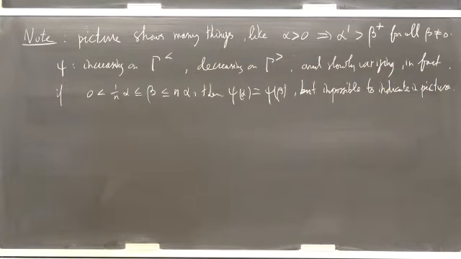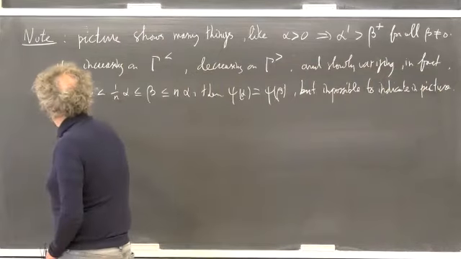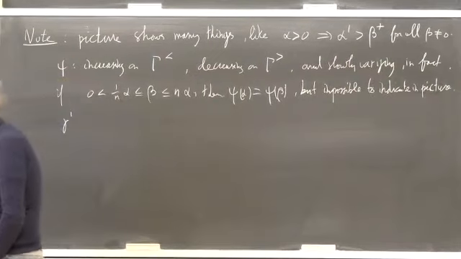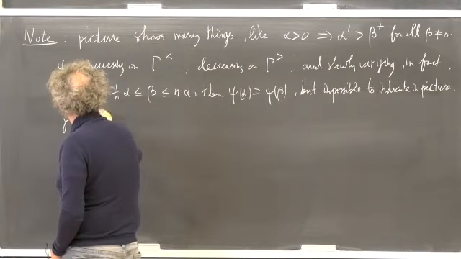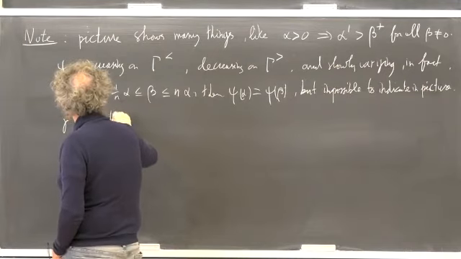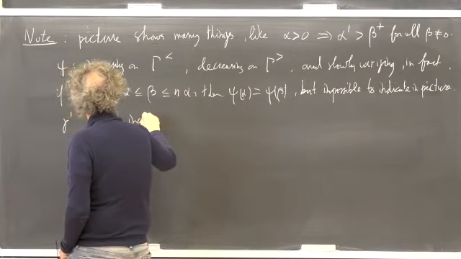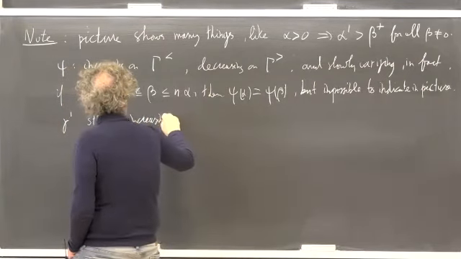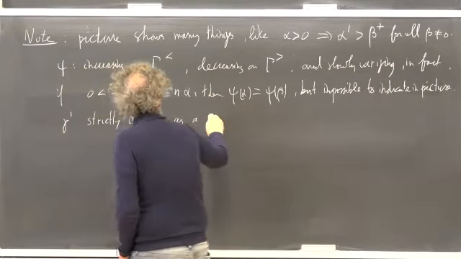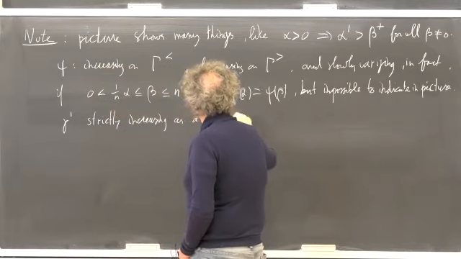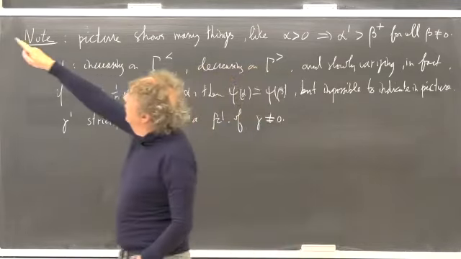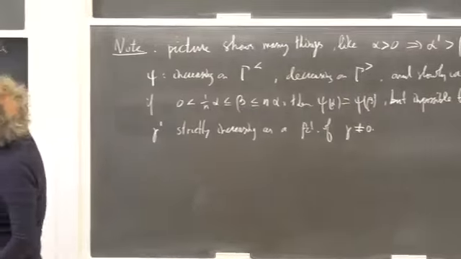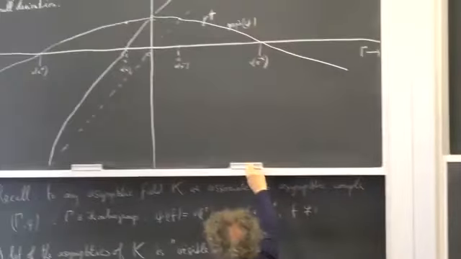Another thing, the derivative function on the value group, so to say, gamma prime, is strictly increasing as a function of gamma, as long as, well, things are not defined at 0, so that's why I draw a little circle here.